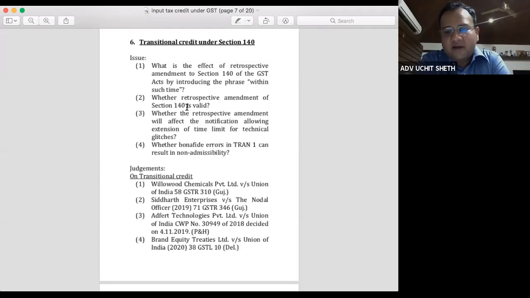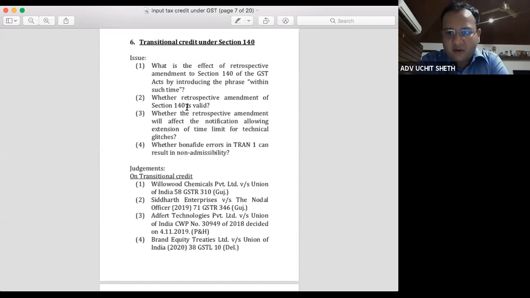So while earlier the provision did not talk about any time limit, now by the Finance Act 2020, with retrospective effect from 1st of July 2017, all the subsections have a phrase that it should be within such time as may be prescribed. So first question is, what is the effect of this retrospective amendment?